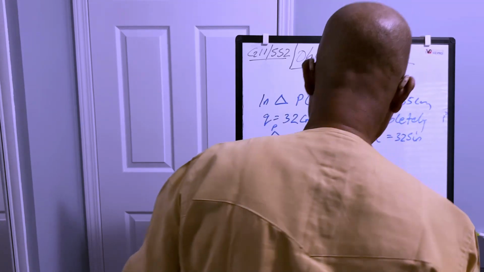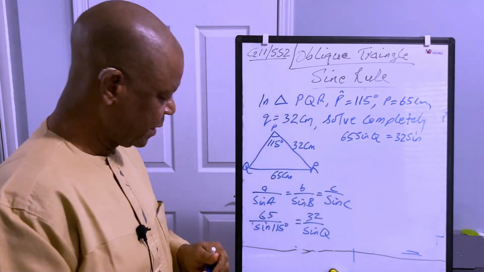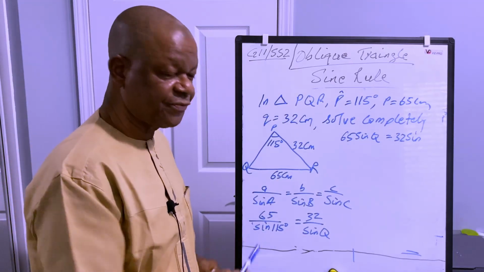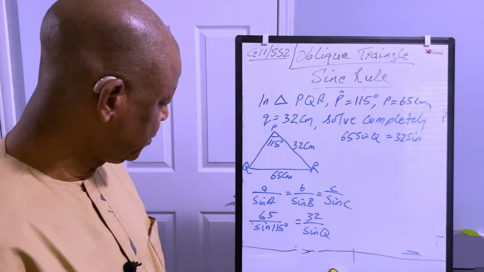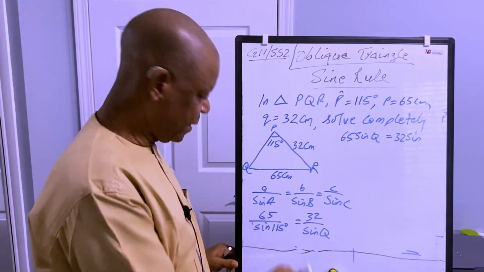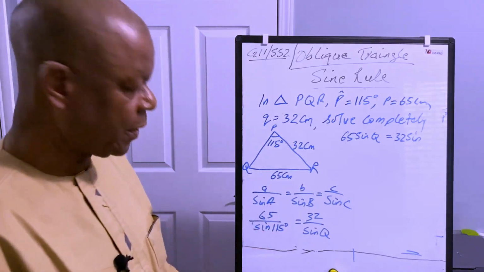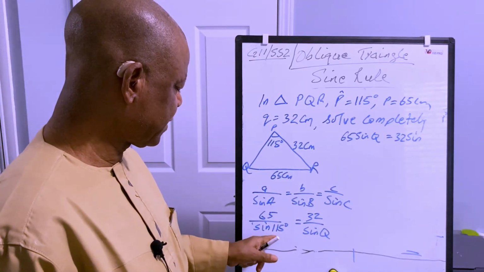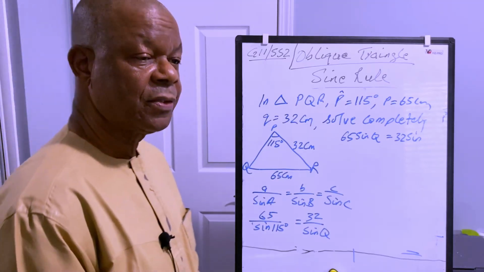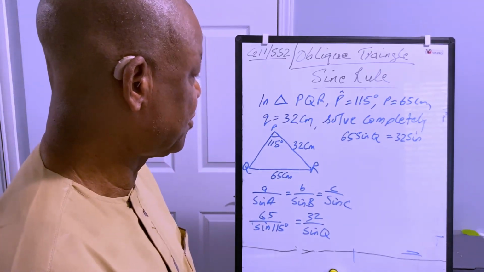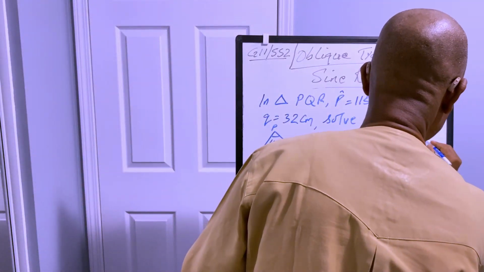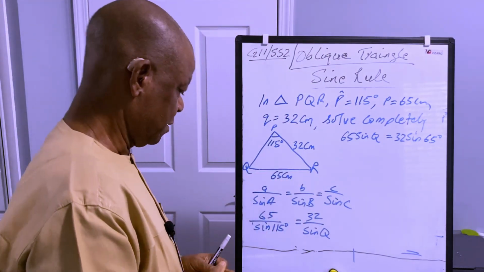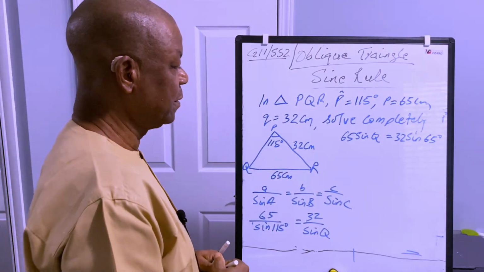Now we cannot get angle 115 from the four-figure table. Since we are using four-figure table, we now find the supplementary value of this very angle by subtracting this 115 degrees from 180 degrees. So 180 minus 115 will give us 65 degrees. That is the same value. Now we continue.